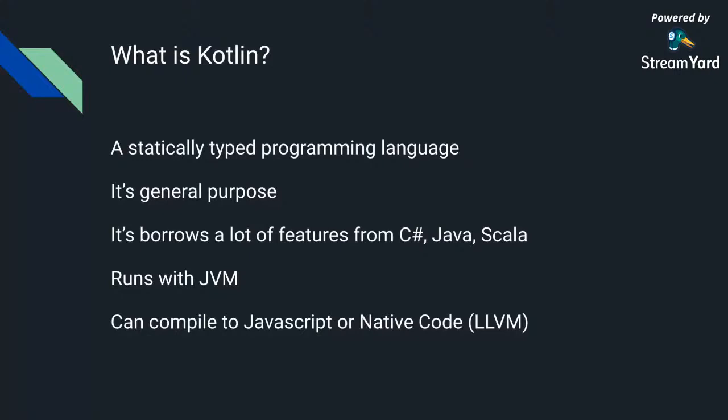C Sharp, Java, Scala, those are other object-oriented programming languages, and those have been derived from one of the primary object-oriented languages that came into being, which is C++. Bjarne Stroustrup, who wrote C++, got the object-oriented programming concept from Simula, which was way back in the 1950s or 60s.